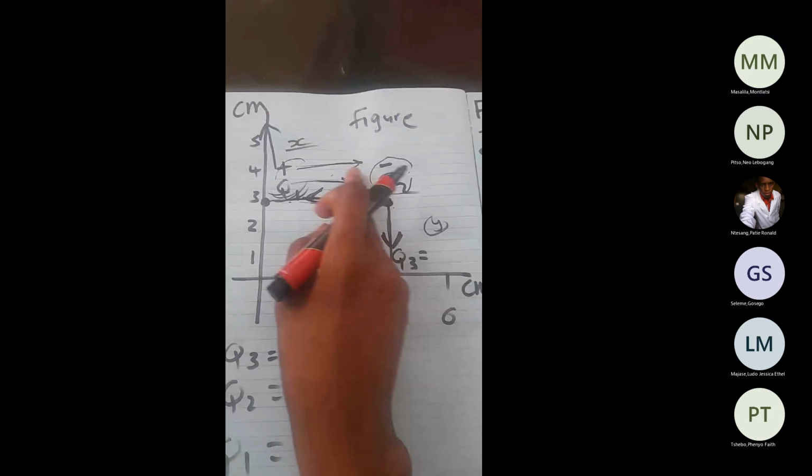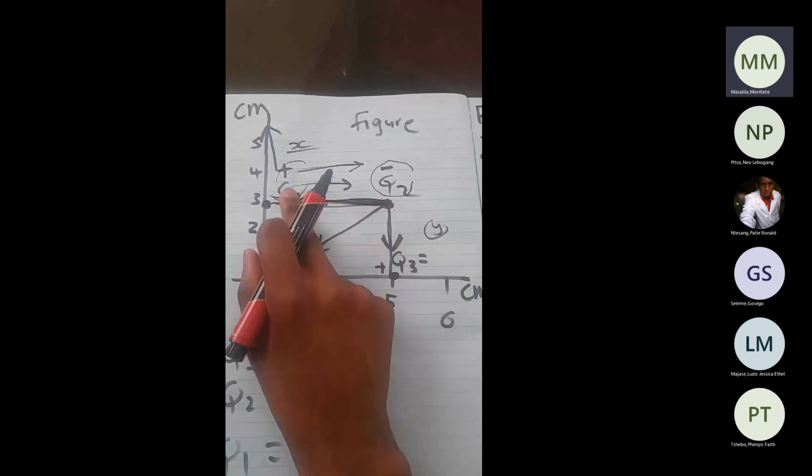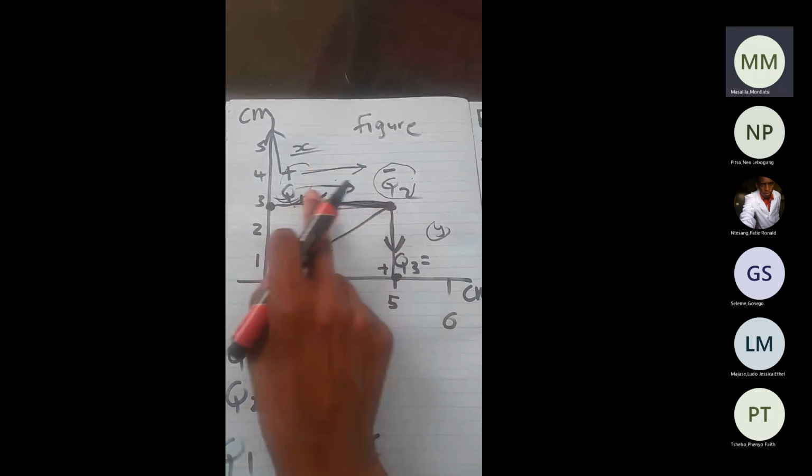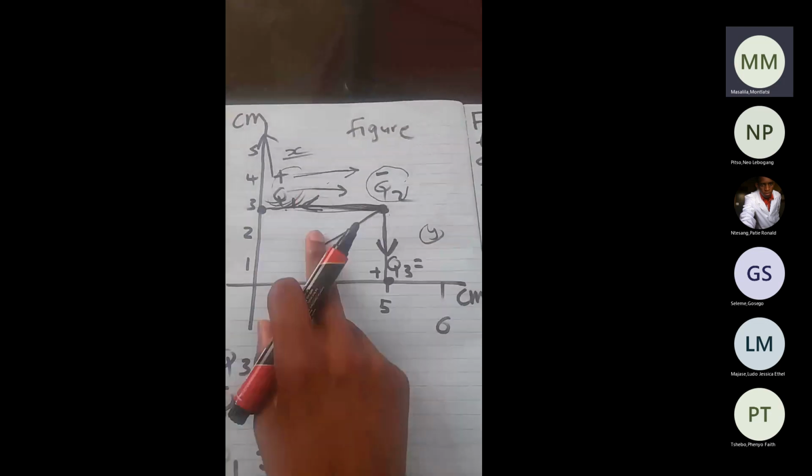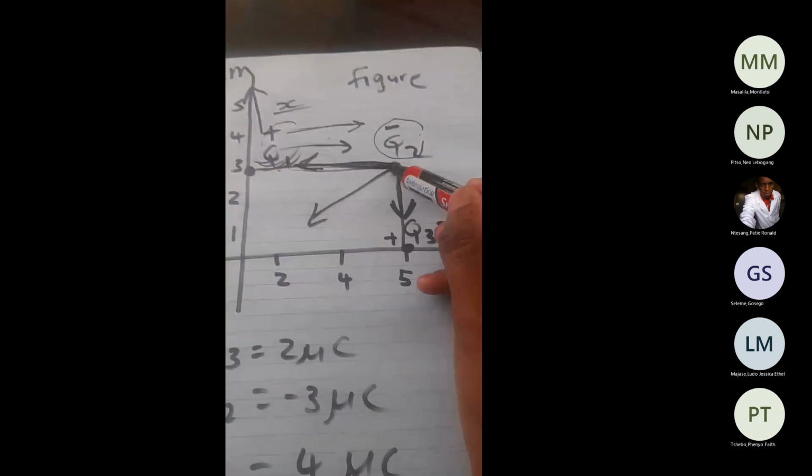So our arrows would go there, because these are going to repel, and go there, attract. You will do a question that deals with repulsion as time goes on. But now, our diagram is this one.